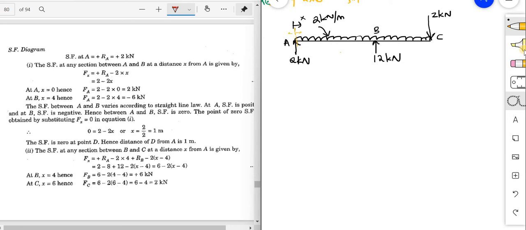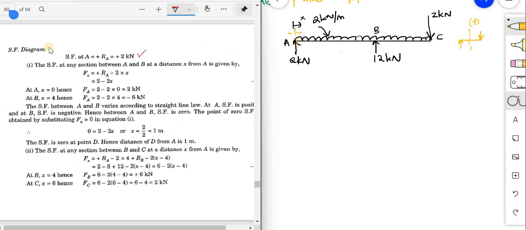While taking the forces to the right, the only force there is this vertical force. According to the sign convention, if the vertical force to the left of the section is upward, and to the right is downward, it will be positive in shear force. That is the reason the shear force at A is taken as plus 2.